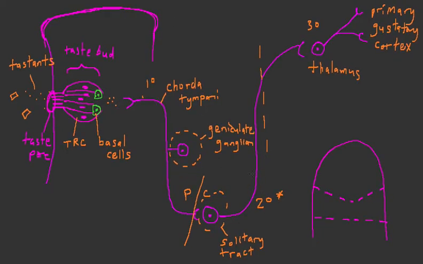All right, let's just mention while we're here at this tongue diagram that there are a couple of different nerves that are involved with this pathway, and specifically, we have the 7th cranial nerve, the 9th cranial nerve, and the 10th cranial nerve.